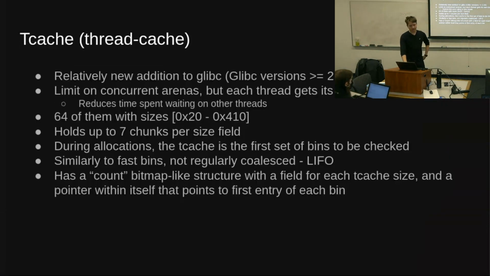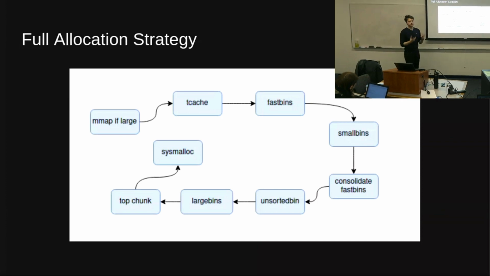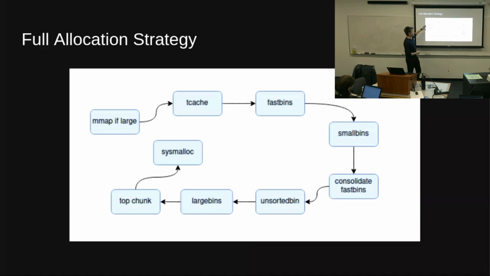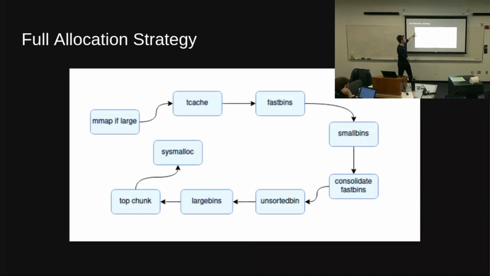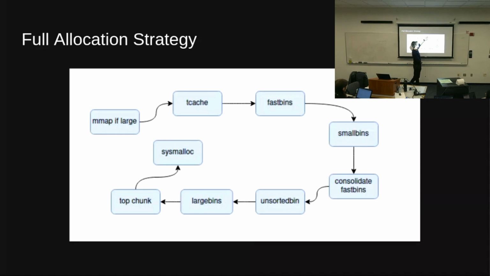All right. So those are the different bins. Here's the full allocation strategy. When you execute malloc, this is what it's going to try to do. Also oversimplified to a degree, but more in depth than the previous ones we had. If it's very large, you just mmap. Otherwise, you check the Tcache. If the Tcache doesn't have a free pointer, you check the fast bins.